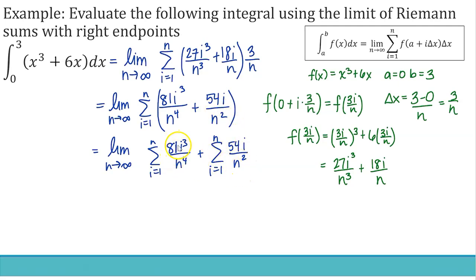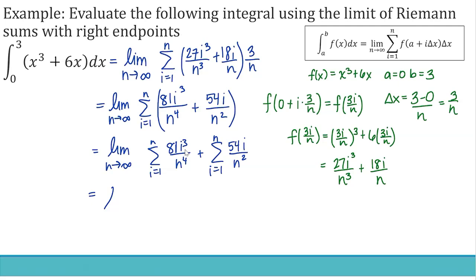And now I can take out of a summation any constant. So the constant that I can pull out is 81 over n to the 4th. So yes, n is a constant. The only thing that's treated as a variable in a summation is the indexing variable on the bottom, so in that case, i.